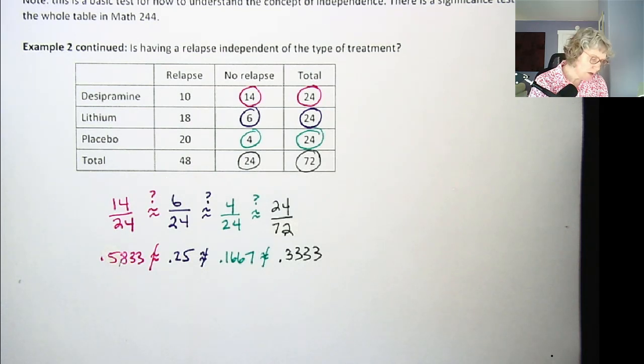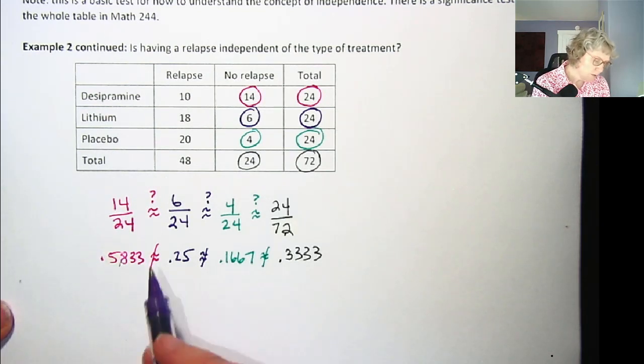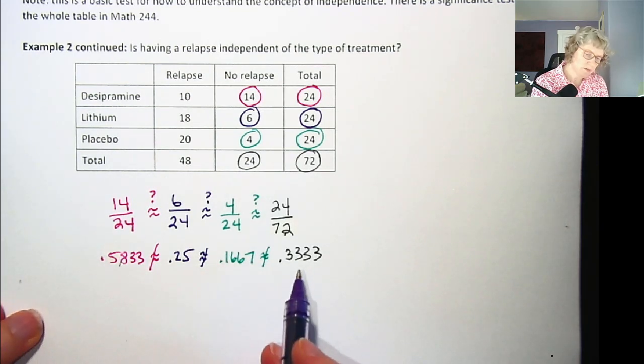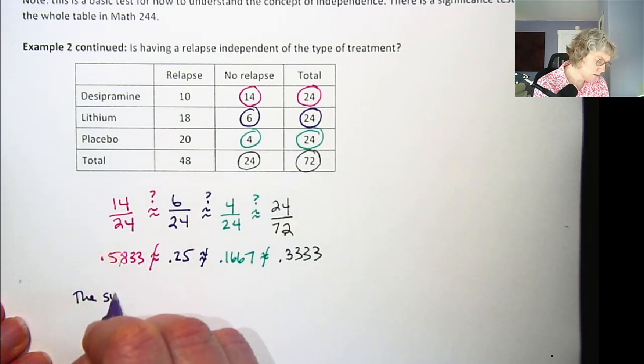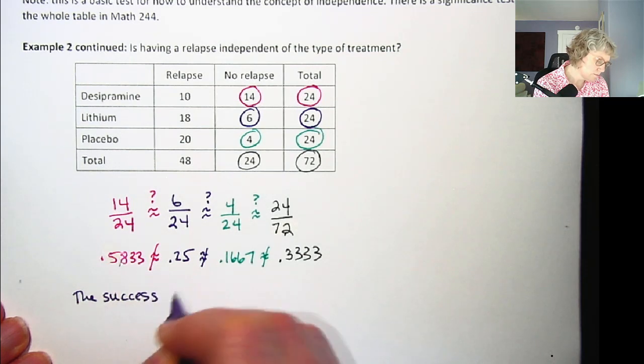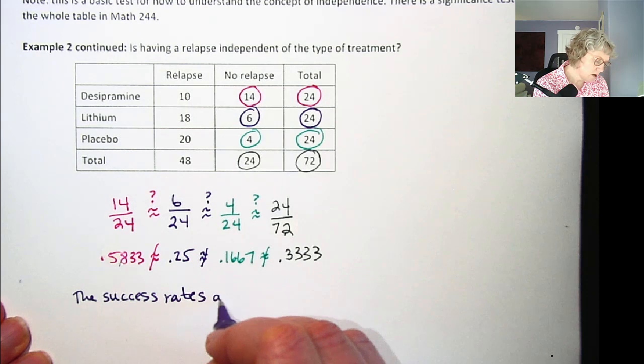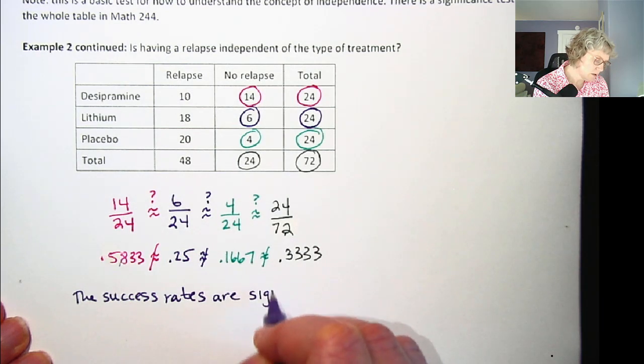Okay, so to write a conclusion, I mentioned you need to say your reasoning. So I'm going to write out the probabilities are significantly different, or I could say the success rates. That puts it in a little more context. Success rates are significantly different.